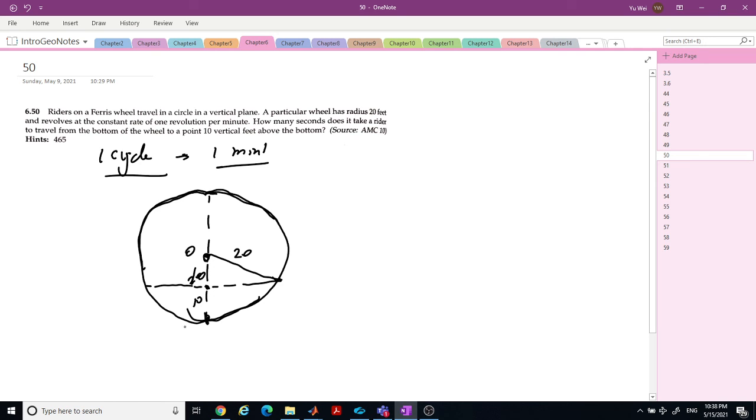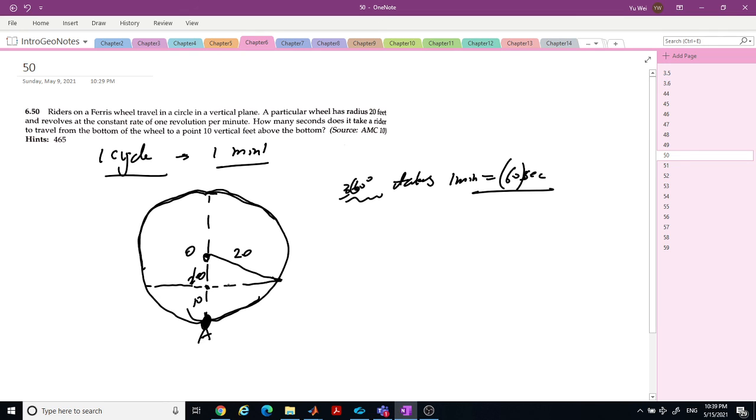You can see from this point back to this point is one minute, so it's 360 degrees. For point A, rotating 360 degrees takes one minute, or 60 seconds.